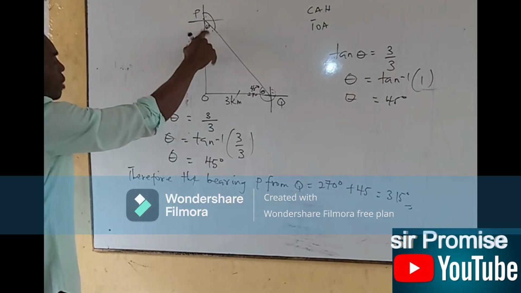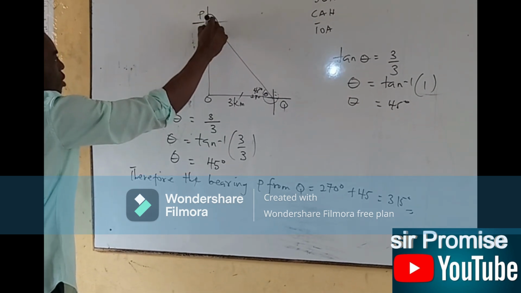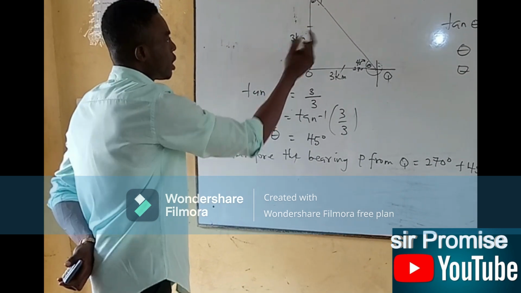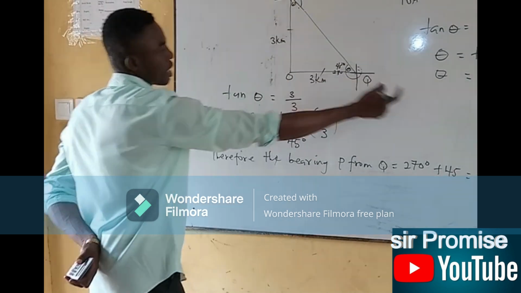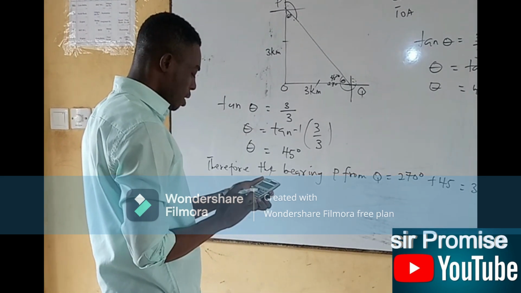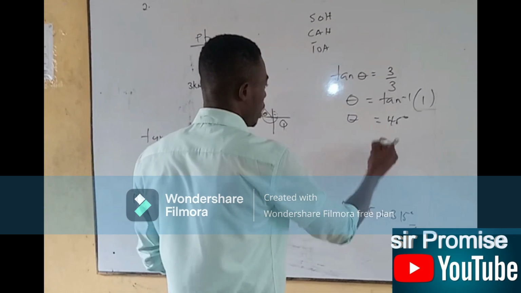This 45 that we have, the whole part of the angle from here to the line of the south pole is 180. So if you take the 45 from it, now it's going to be 180 minus the 45.